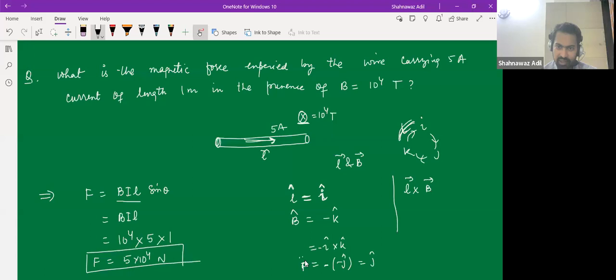So this is the direction of force, right?